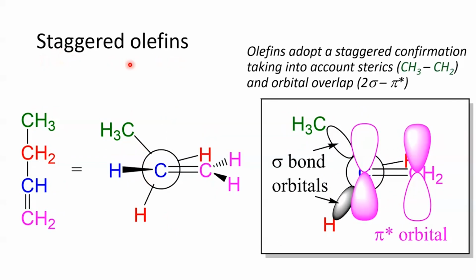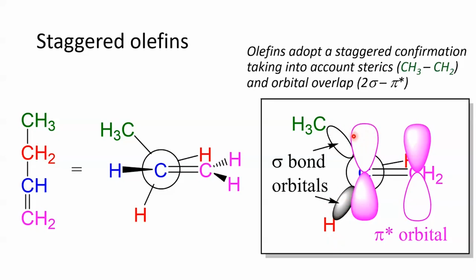We can look at that for staggered olefins now. So here is a simple olefin in the staggered conformation like I've shown. We have 2 pi bonding orbitals shown here. If we draw out the pi anti-bonding orbitals, we can see that these 2 orbitals are potentially going to overlap with the sigma bonding orbitals behind them in the staggered conformation.